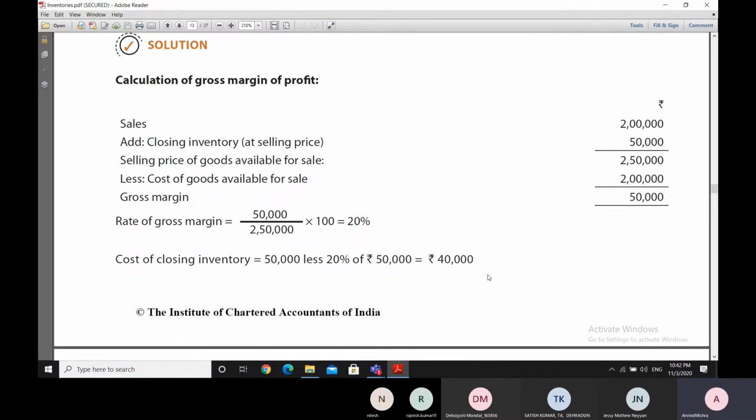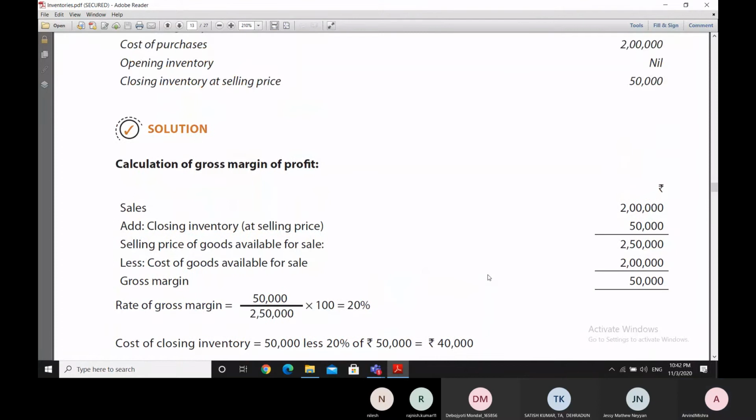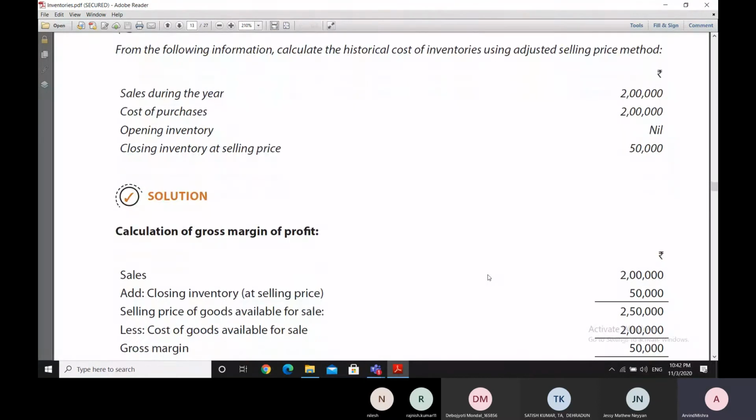So this is the cost of the closing inventory. That is how, in this example also, we see how the adjusted selling price method is used to compute the closing inventory by reducing the gross profit margin from the selling price.